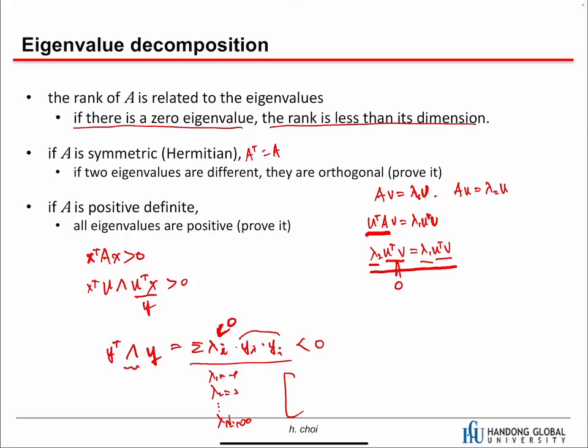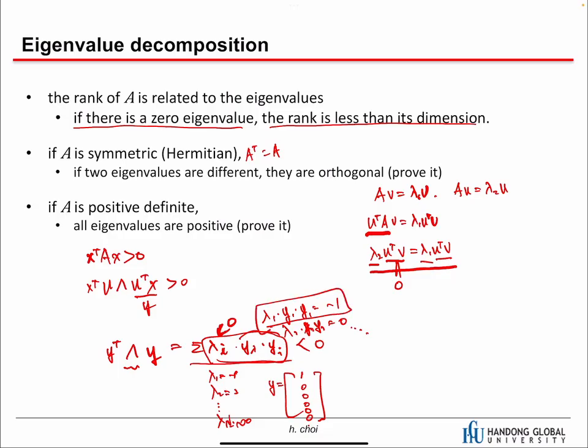Then when we have a specific y, like 1 and 0, 0, 0, 0, 0. Okay, so if this is y, then lambda 1 times y1 is minus 1, and for all the other elements, lambda 2 times y2 is 0. So all the others will be 0.